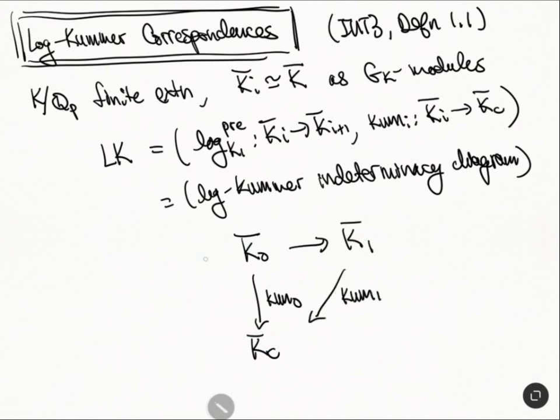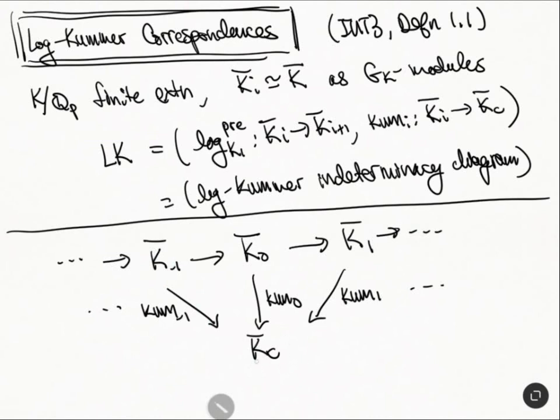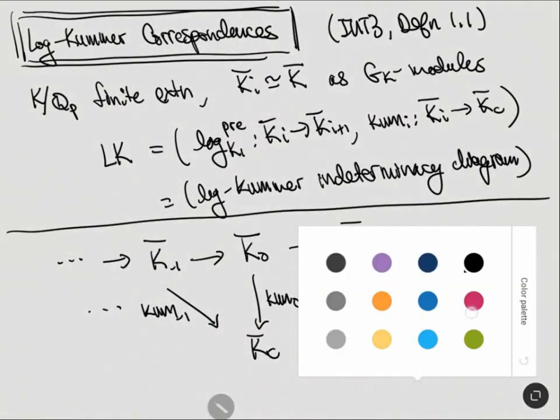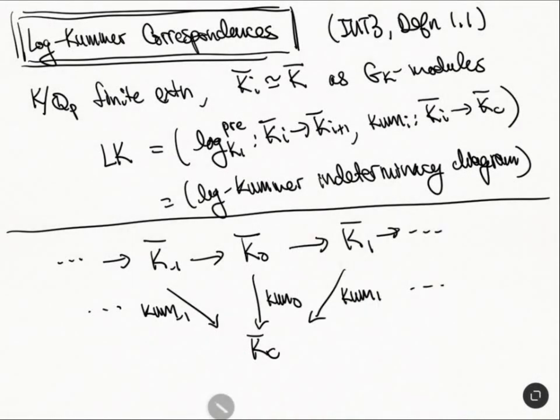The Kummer maps are discussed a bit in another video. Okay, and so this keeps going, and this keeps going. This is what it looks like, and this is the core here.